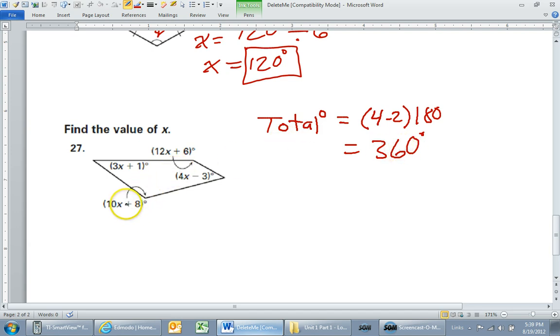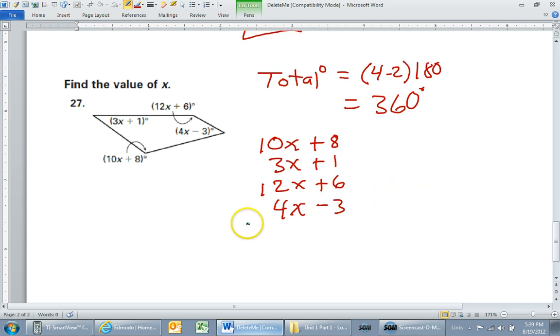So basically we need to add 10x plus 8, plus 3x plus 1, plus 12x plus 6, plus 4x minus 3. I need to add all these up.